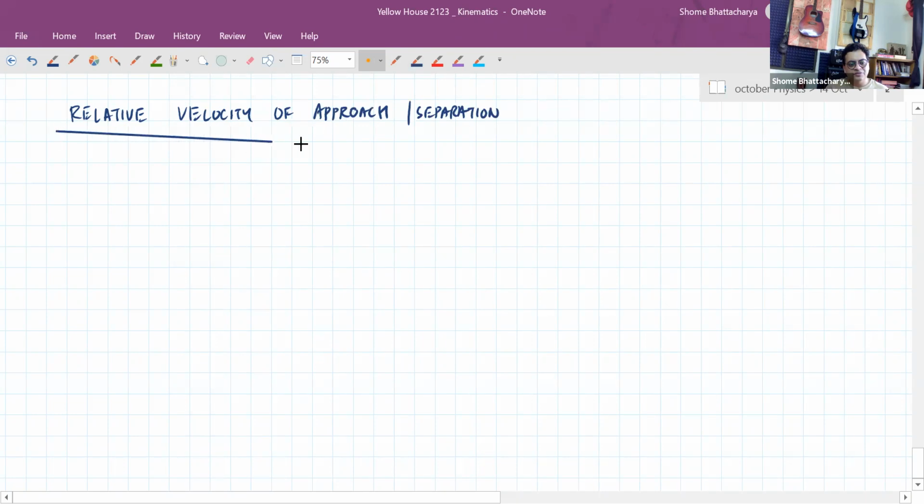So this is a little bit different as a concept compared to relative velocity itself. We denote it with the symbols V approach or V separation.